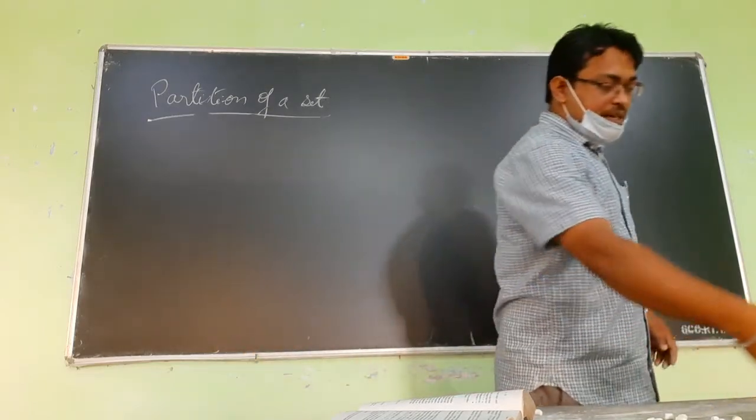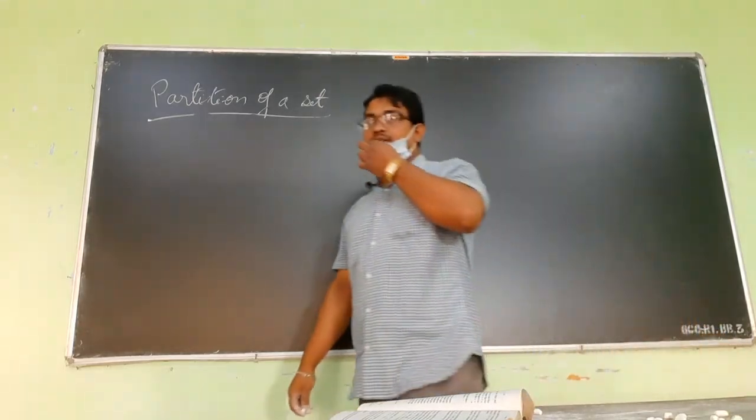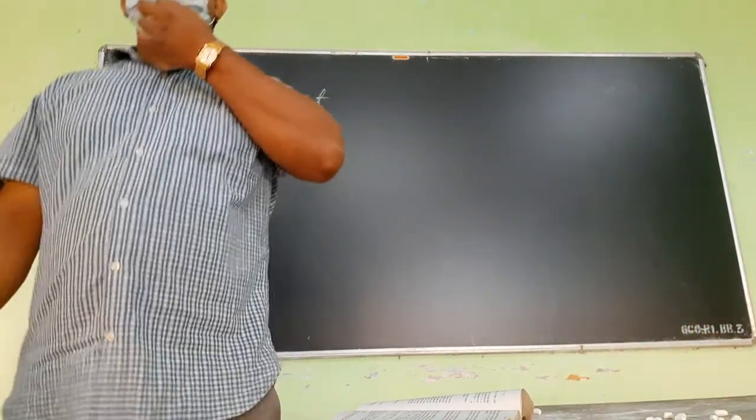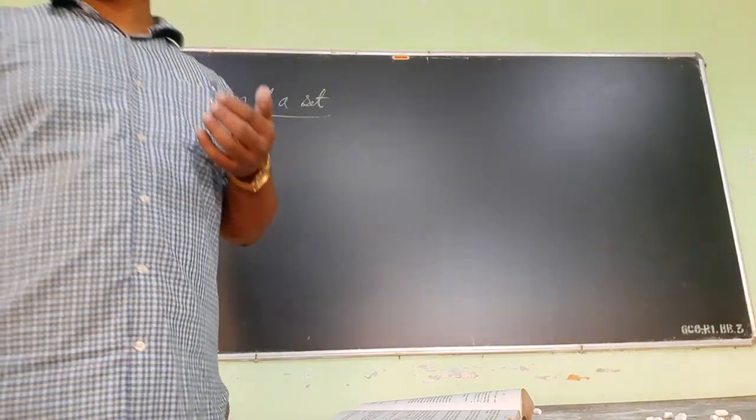So is the power set of a set a partition? Can the power set be regarded as a partition? Power set is also a collection of sets. Power set of a set is the set of all subsets. So is it a partition of the set? Why? Not disjoint. The better argument is phi belongs to the power set.